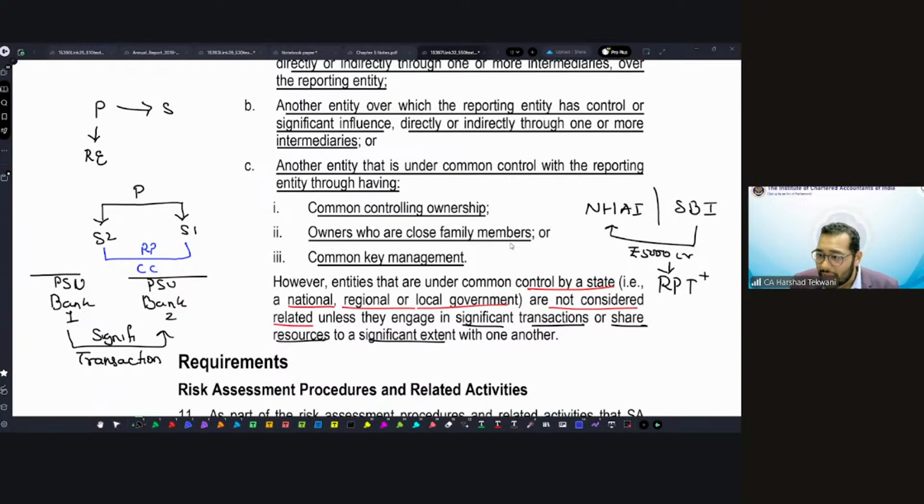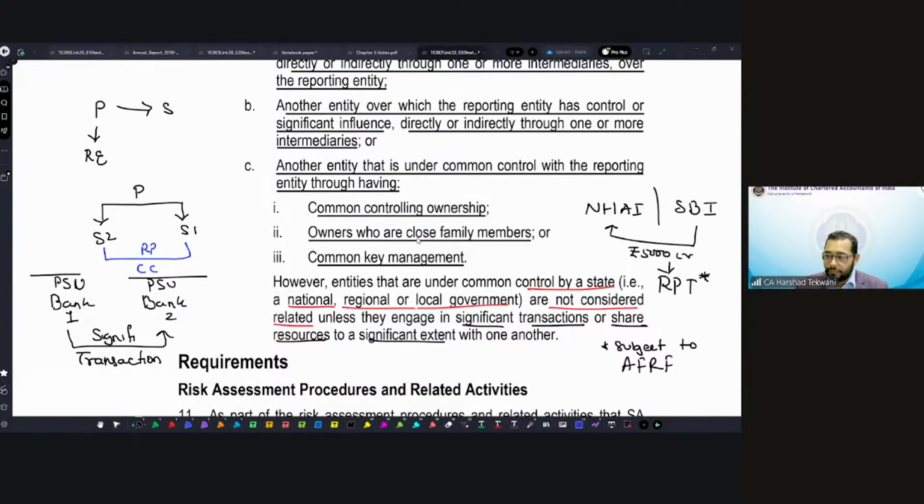So I'll add a star mark, that means subject to the applicable financial reporting framework. Simple. First, look into that. If no guidance is provided, then come to SA 550. Clear? Yes, sir. Clear now, sir.